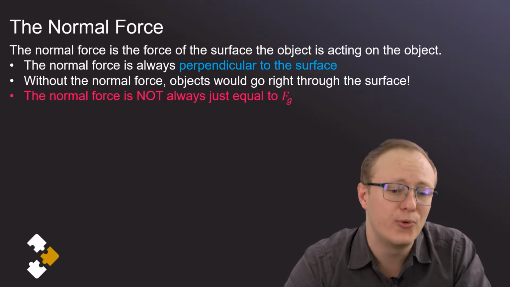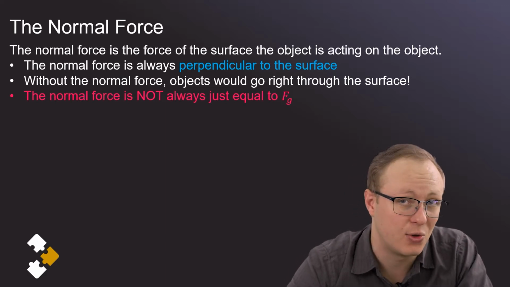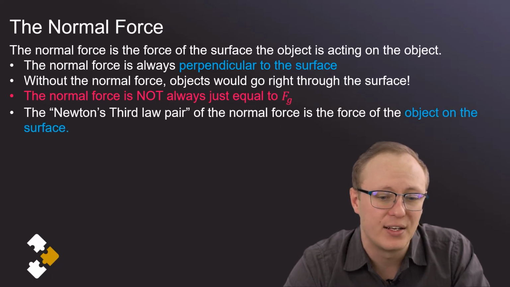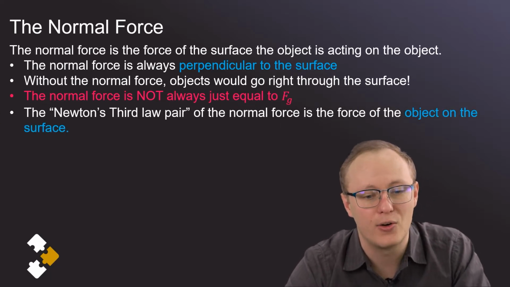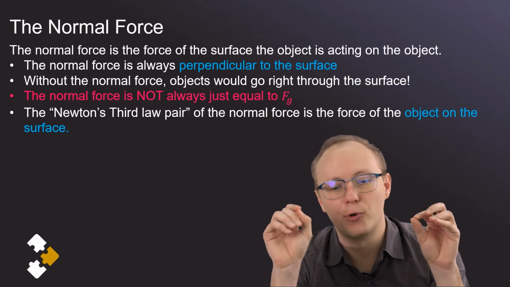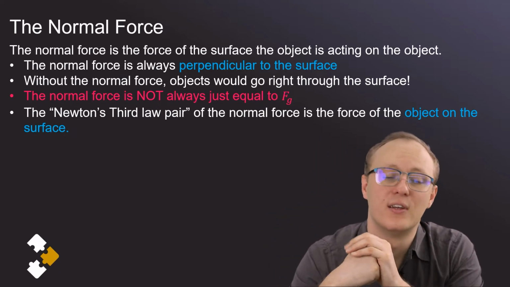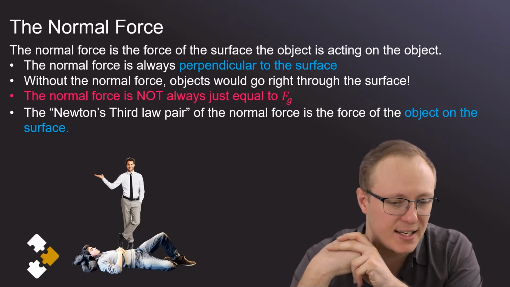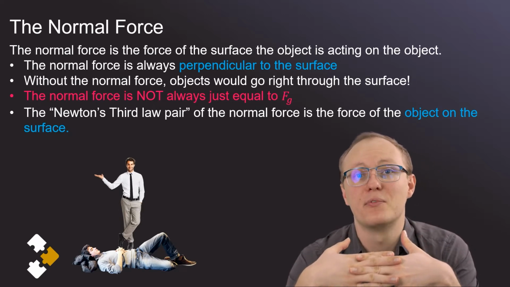And the normal force is not always just equal to Fg. Not always just equal to Fg. And the Newton's third law pair of the normal force is the force of the object on the surface. So if your mate, for example, is standing on you, then you become the surface.